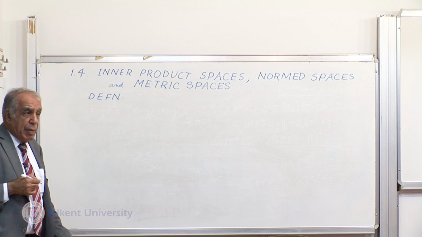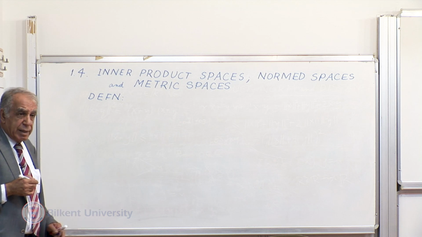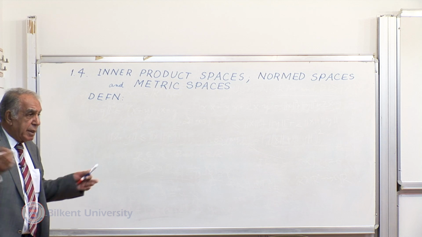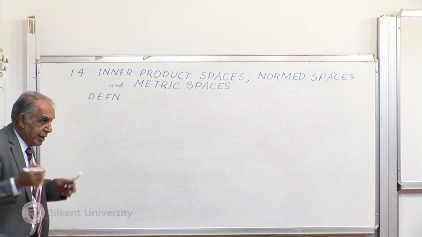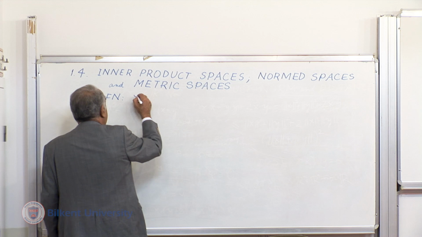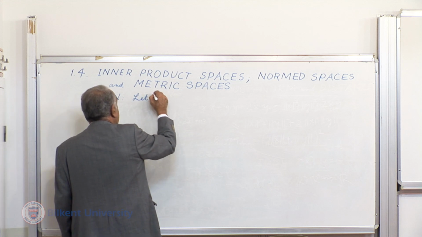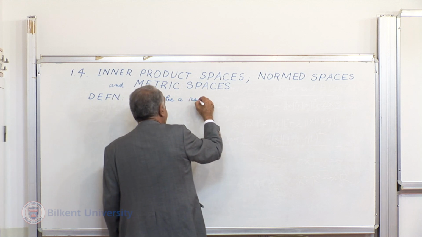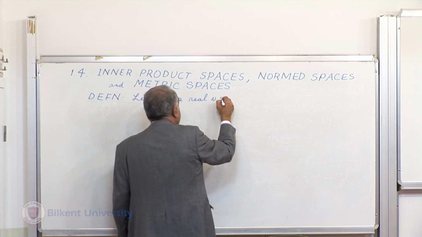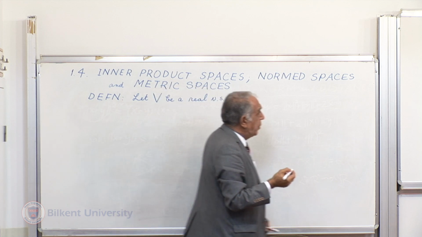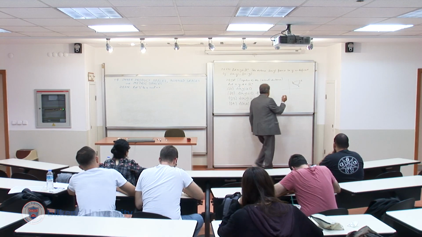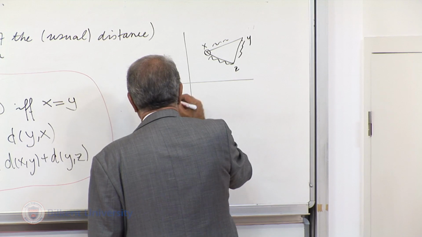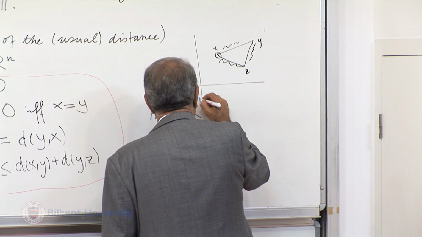Now here, we will not, as I said, confine ourselves to Rn, to Euclidean spaces. We will start with some general real vector space. Let V be a real vector space. Now, as a mathematical object, what was the usual inner product?